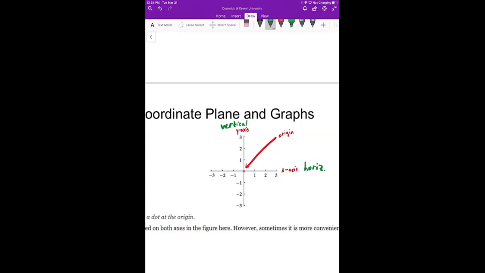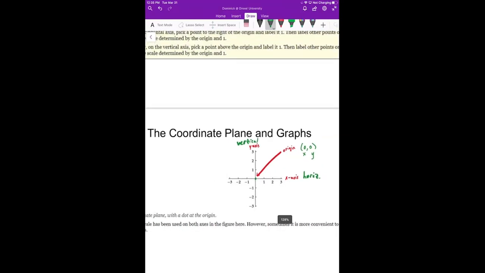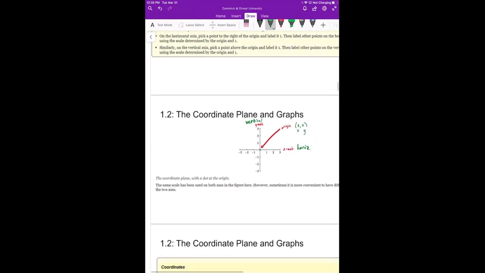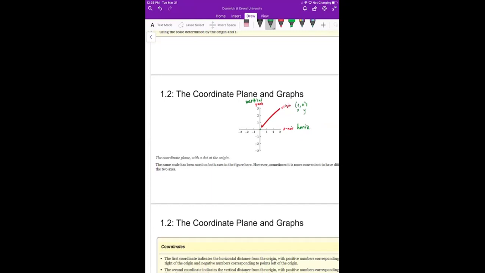Where those two meet, right in the middle, that's considered the origin, also known as the point (0, 0). If you move left or right from the origin, that affects your first coordinate, your x coordinate. If you move up or down, that affects your y coordinate, which is the second component. So that's a very basic idea of how to draw the coordinate plane.